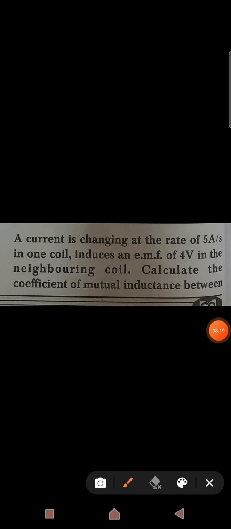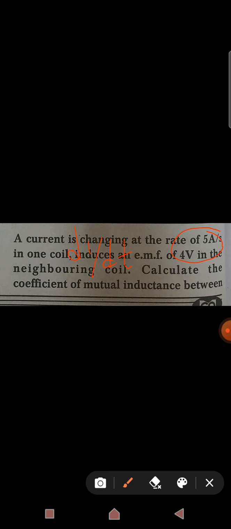The second question says that a current is changing at the rate of 5 ampere per second in one coil. So ampere per second means di upon dt is given there. It induces an EMF of 4 volt in the neighboring coil. Then find the coefficient of mutual inductance.